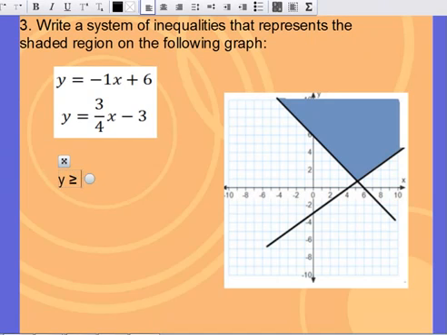These are not dashed lines. Dashed lines would have represented not the line, but just a shade above. Because it's greater than or equal to, it can equal my line. So I want greater than or equal to this line, which is 3/4 x minus 3.